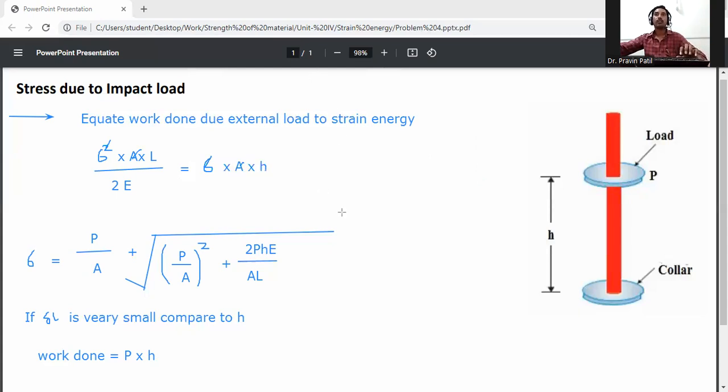Sorry. Sigma is equal to P by A, so P is equal to sigma into A. Only remaining, what?